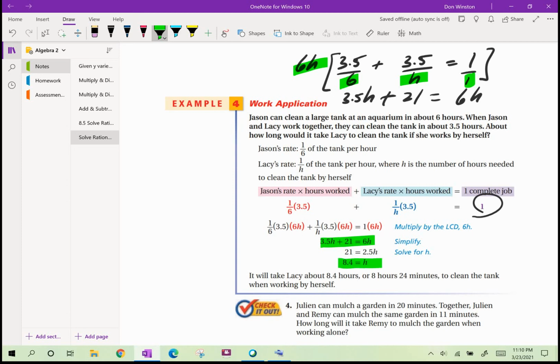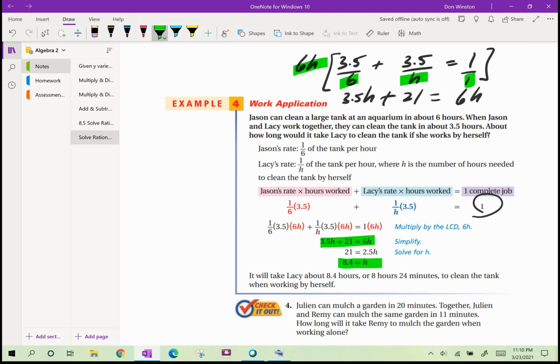Like I said, it was apparent that Lacey was going to take longer than 6 hours because working together, it took a total of 3.5 hours. Had Lacey worked as fast as Jason, they would have been able to finish in 3 hours. So it takes Lacey by herself 8.4 hours to clean the tank.